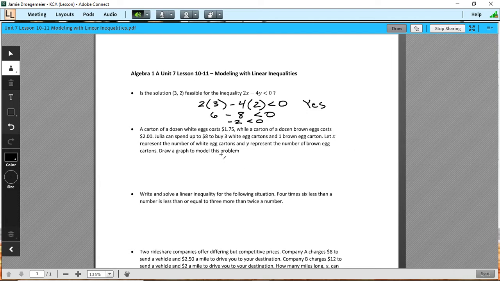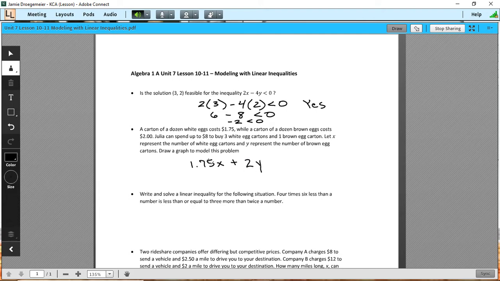Well, really what we're looking at here is, we're calling the white egg cartons X, and each white egg carton costs $1.75. Each brown egg carton, which we're representing with Y, costs $2.